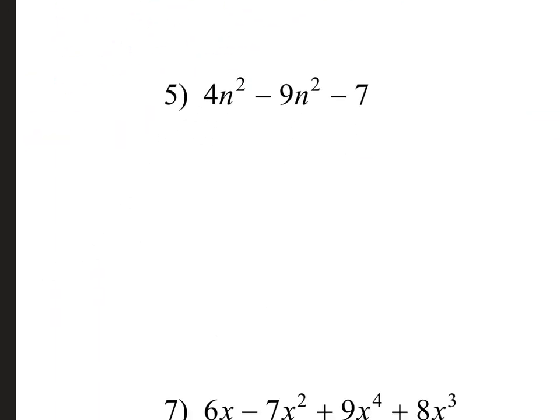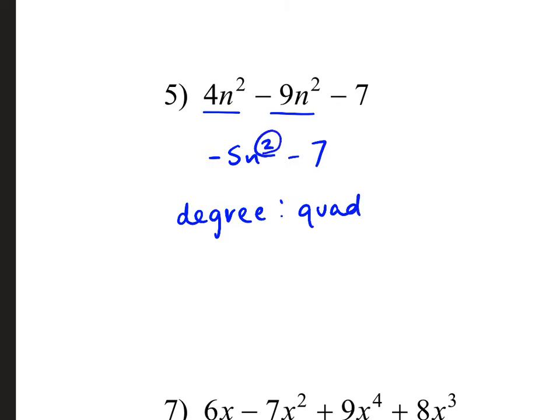All right, number 5. How do we put this in standard form? Awesome. We have to combine these 2 together since they're both n squared, so it would be negative 5n squared and then minus 7. So how do we classify it by degree? Awesome. Quadratic, because our highest degree is 2. And binomial, since there's 2 terms.